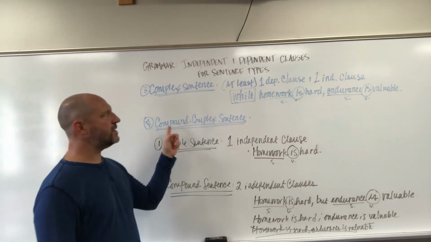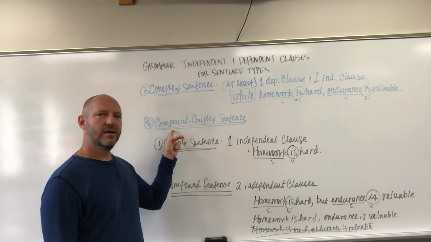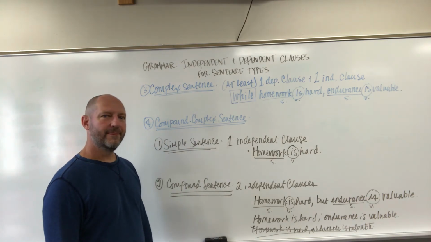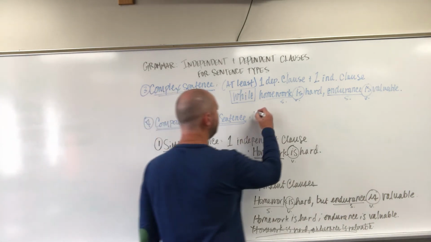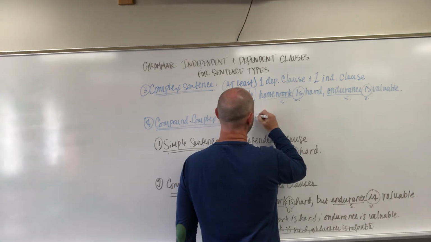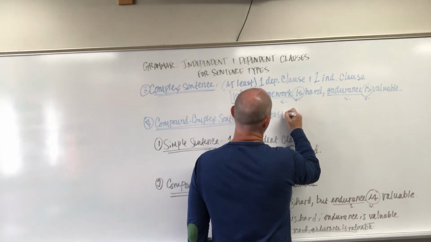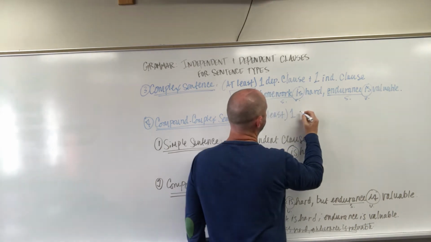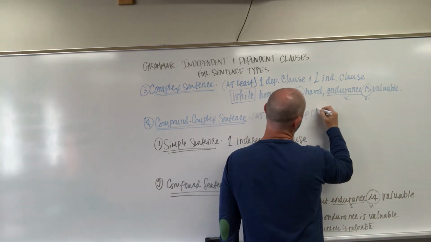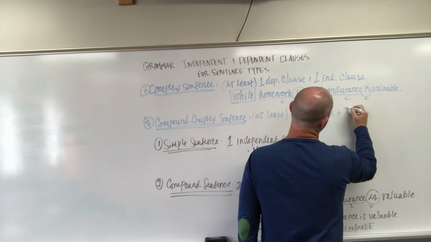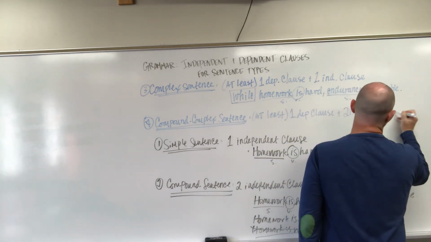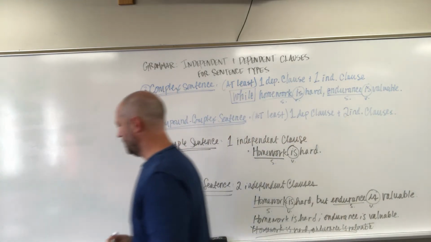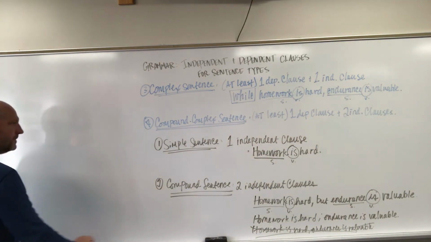So what do you think is a compound complex sentence? Yeah, it's kind of like these two got together and had a baby, all right? It's at least one dependent clause plus 2 independent clauses, all right? I'm sorry, this is dying.